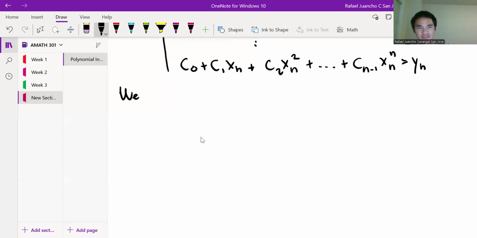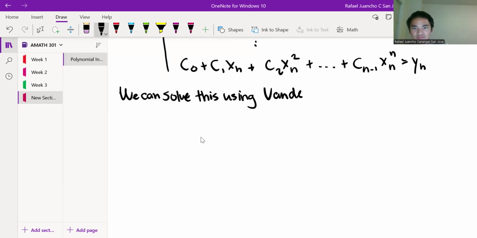So we can solve this using matrices, specifically one that I would introduce, the Vandermonde matrix, which I'll just denote as a V.